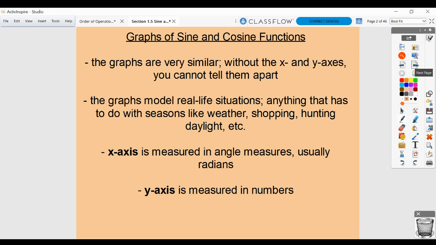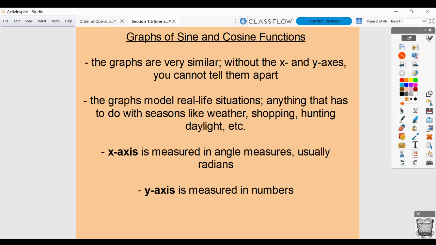So a couple of things that we need to know about the graphs. The graphs look very similar, and without the x and y axis, you actually cannot tell them apart. So whenever you graph these, and when I look at them for homeworks, I'm going to be looking at the x and y axis to be able to tell which is which.